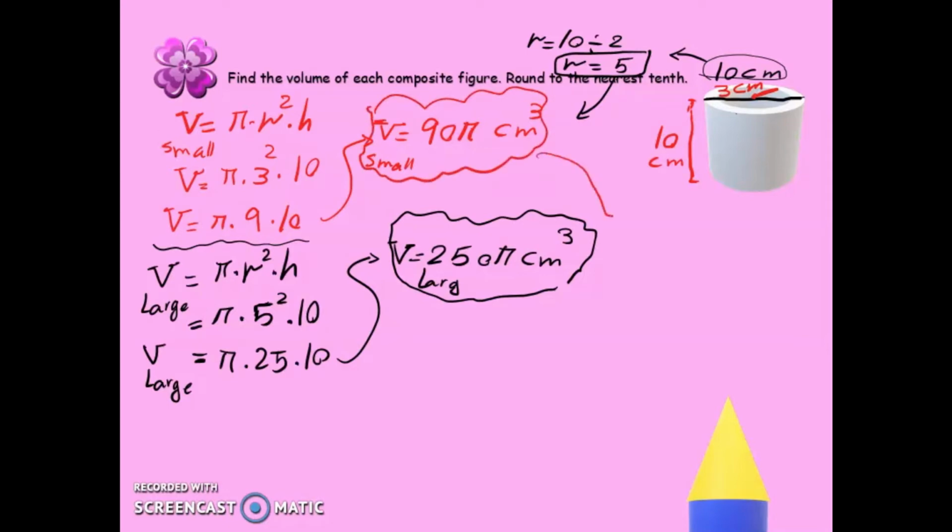As a result, if you bring both of them here, I would have the final volume of the solid part of this figure: the volume of the large cylinder, which is 250 pi, take away 90 pi.